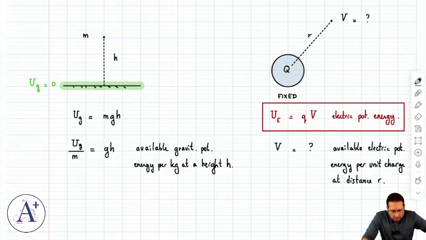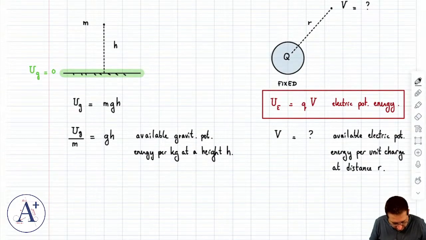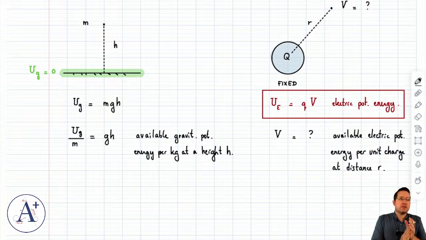Now, once again, the goal is to find V. Okay? So, let's do the following. Let's try to structure our approach the same way we structured our first lesson. The first lesson we talked about electric fields, and we started with the point charge and the electric field created by a point charge.